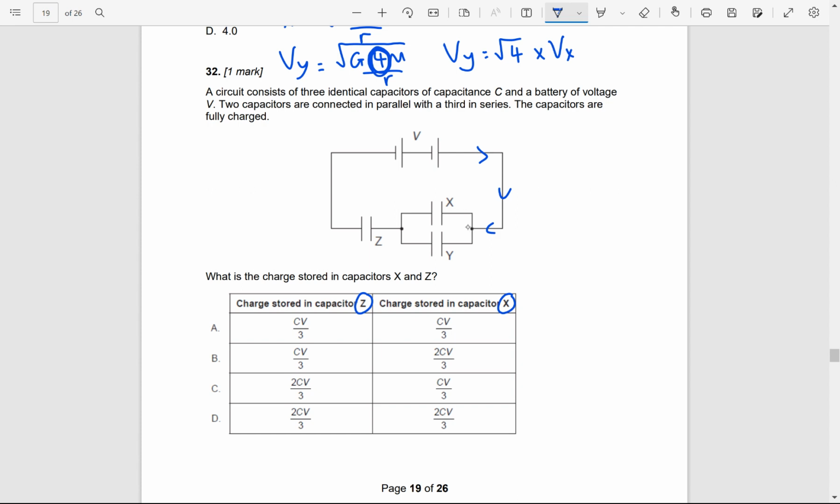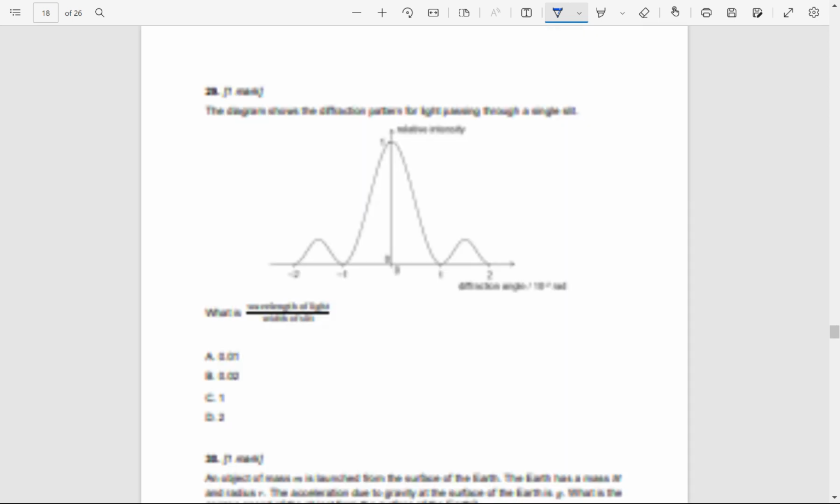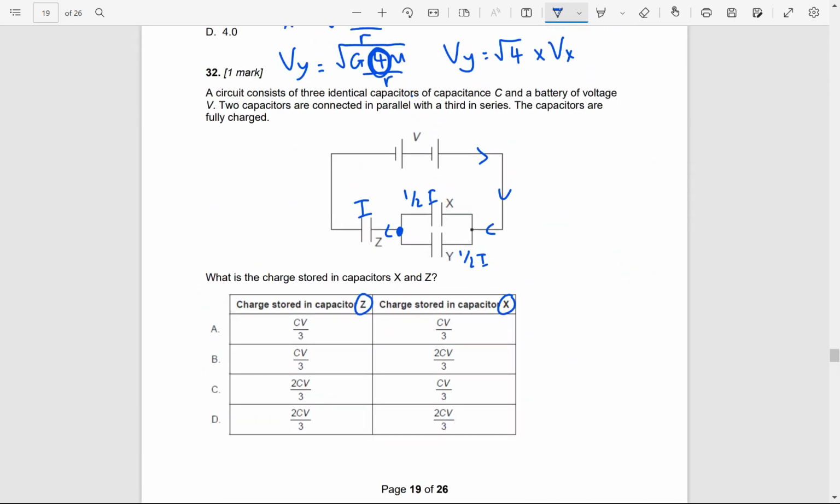The whole current flows through here, and as they're all identical capacitors, half the current flows through here, so half the charge, and half the current flows through here, half the charge. Then back through Z we've got the full current flow.